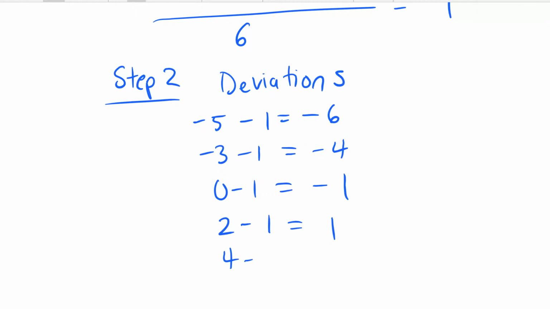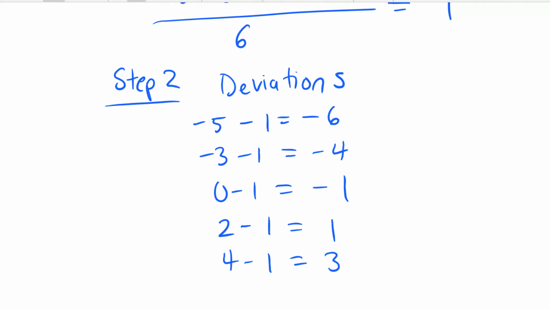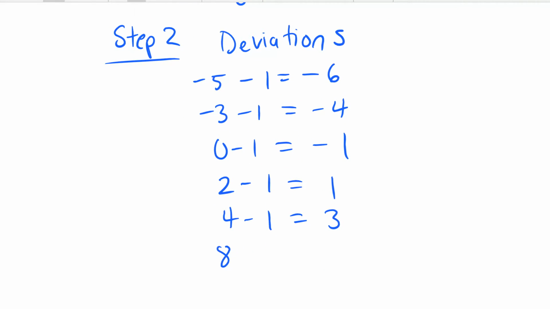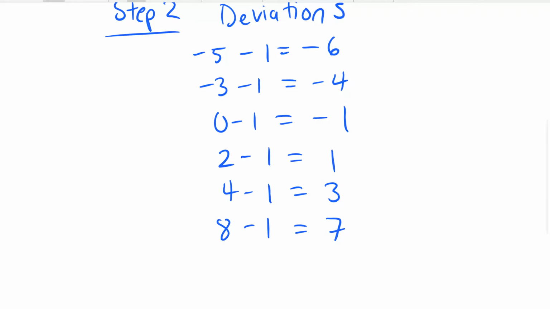And 4 minus 1 is 3. And 8 minus 1 is 7. So now we have a new list of deviations: -6, -4, -1, 1, 3, and 7.